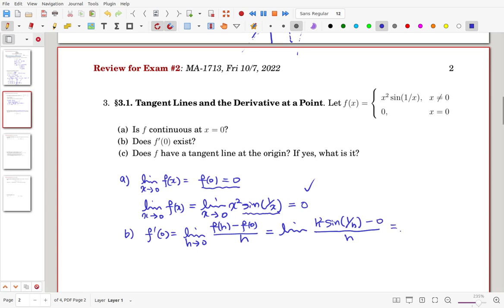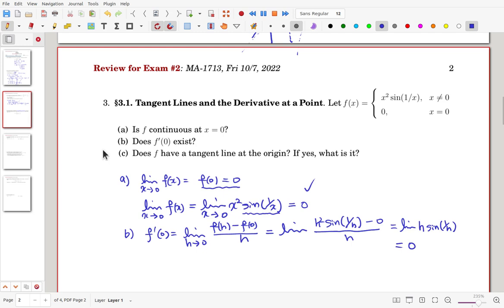The h will be cancelled, so it is the same as the limit of h times sine of 1 over h. Again, sine of 1 over h as h approaches 0 is oscillatory, however it is between minus 1 and 1. Now h approaches 0, so the multiplication will approach 0, so the limit exists and it is 0.